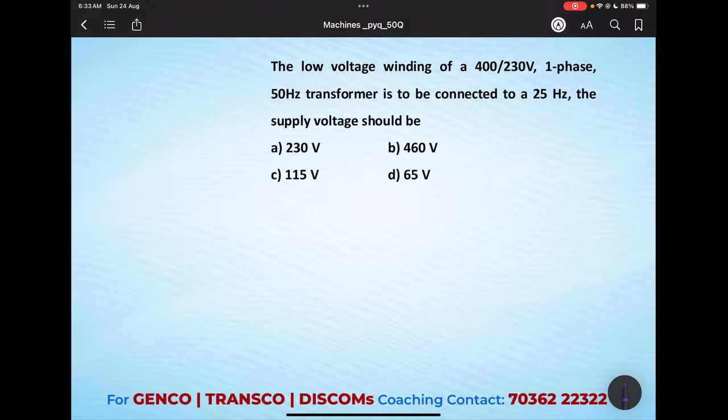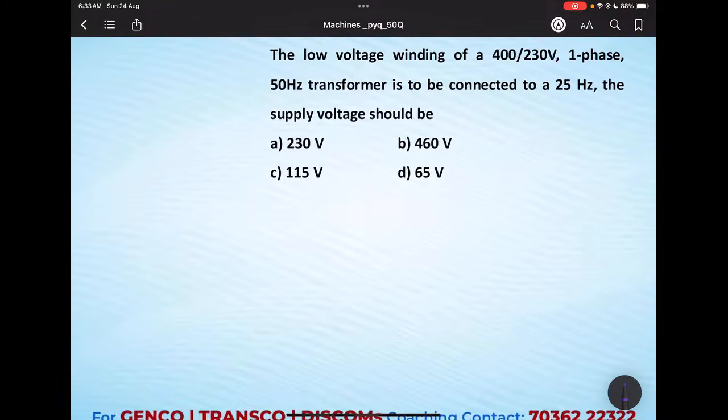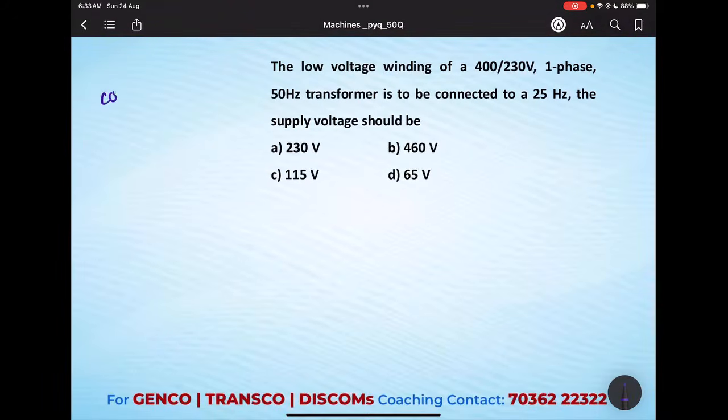Frequency is given and voltage is given, so the concept is about calculation of voltage.